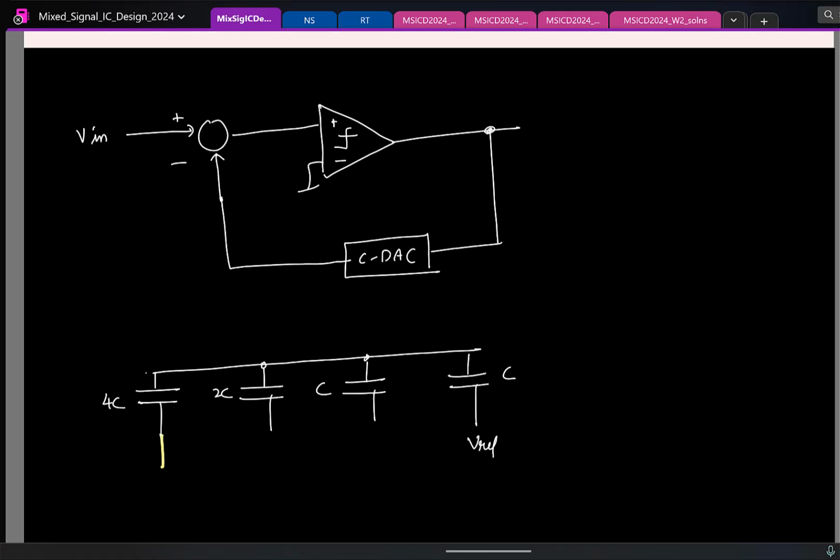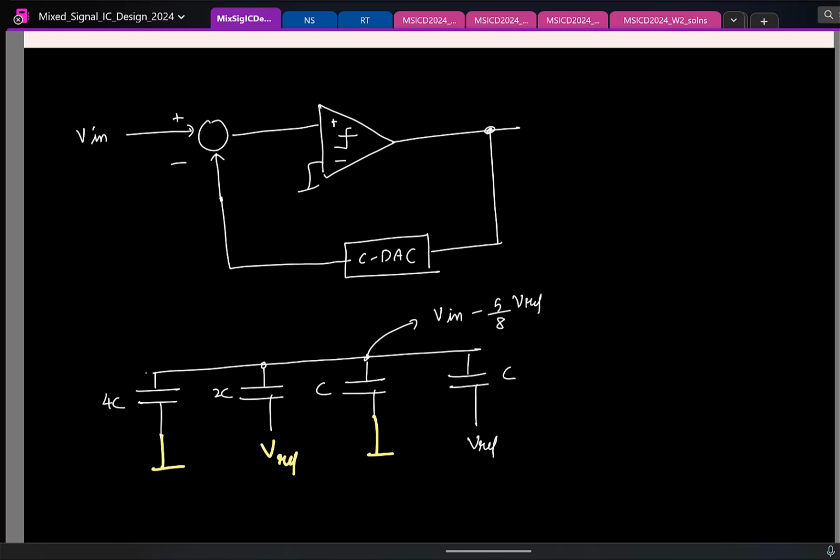So let us say I connect, for example, these two to ground and this to V. What was the voltage we had here? The effective capacitance connected to ground by the total capacitance. That is the reference voltage with which I was comparing the input.